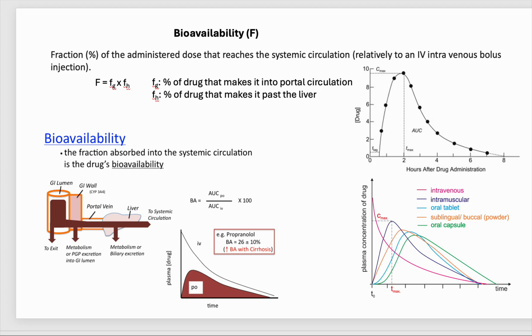So bioavailability is the fraction of the drug that reaches our systemic circulation. Suppose you're given 100 mg of a drug, and the amount of drug that reaches the systemic circulation is, say, 50%. So the bioavailability of the drug is just 50%. 50% of 100 mg is 50 mg.